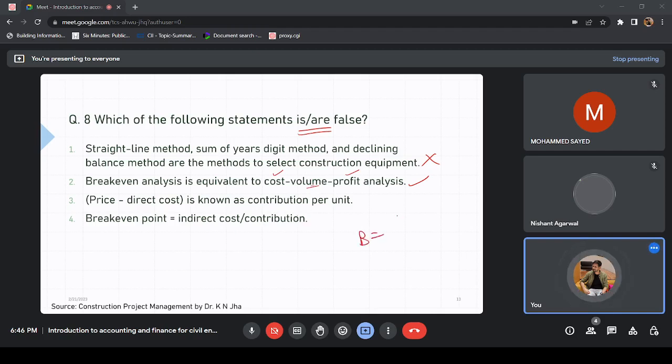We wrote the formula, and at that time, this term price minus direct cost of each unit is contribution. So that means third is also correct and fourth is also correct. So statement 1 is false.